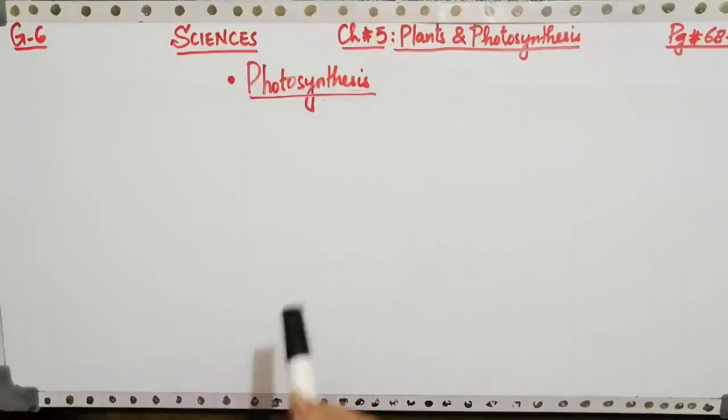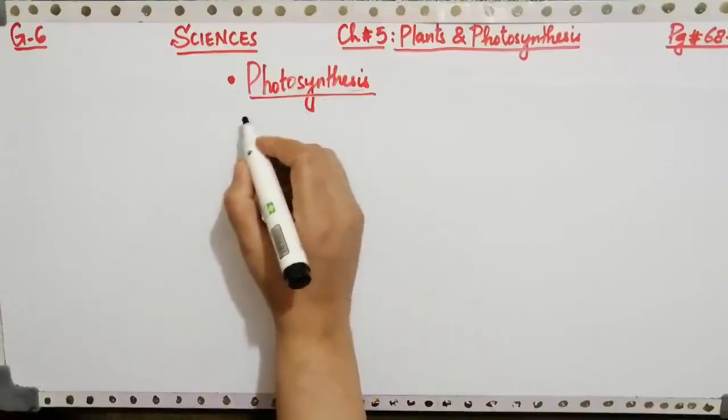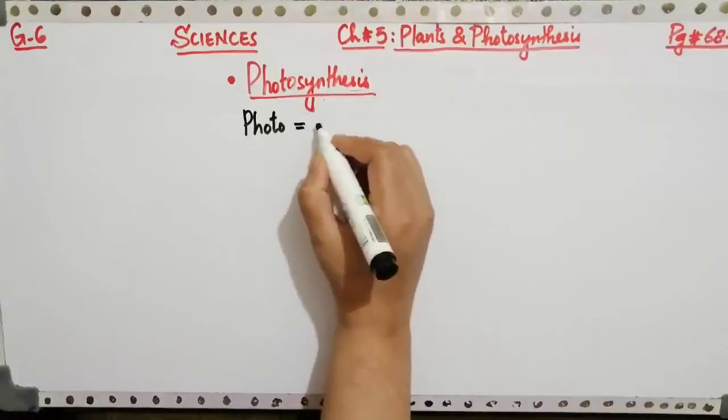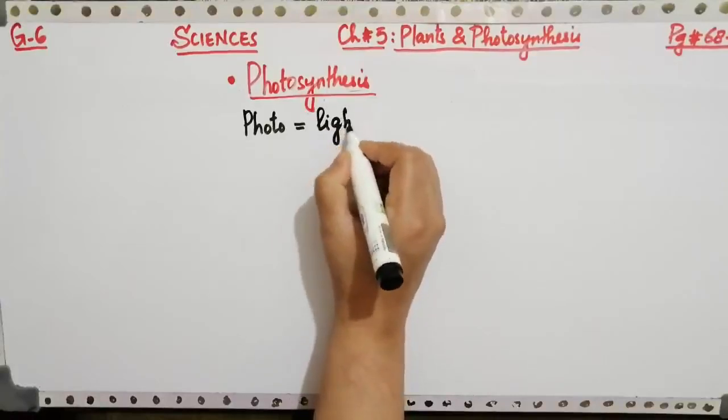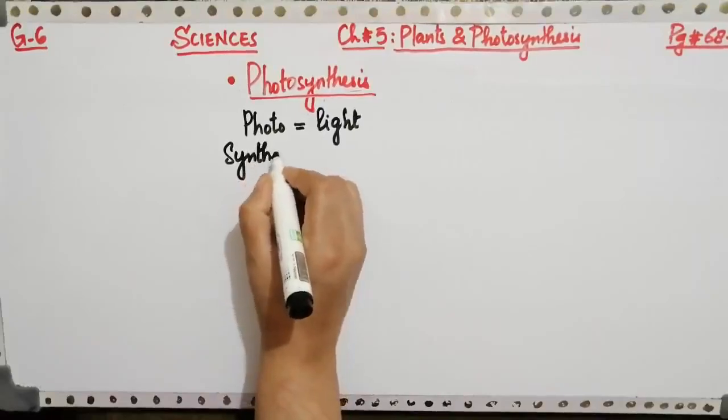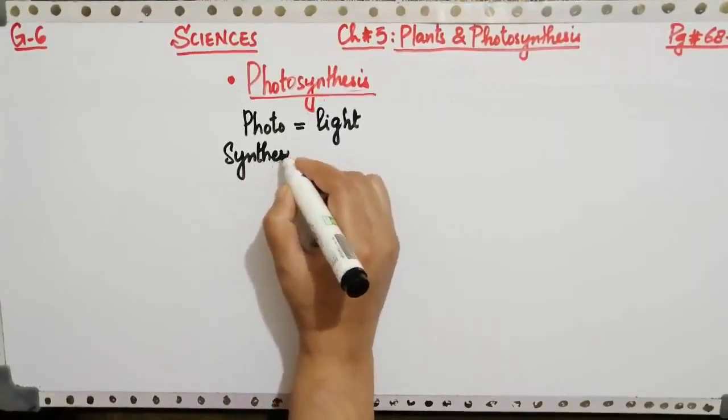Another topic is photosynthesis. Photosynthesis is actually the combination of two words, in which photo means light and synthesis means to prepare or to make something.